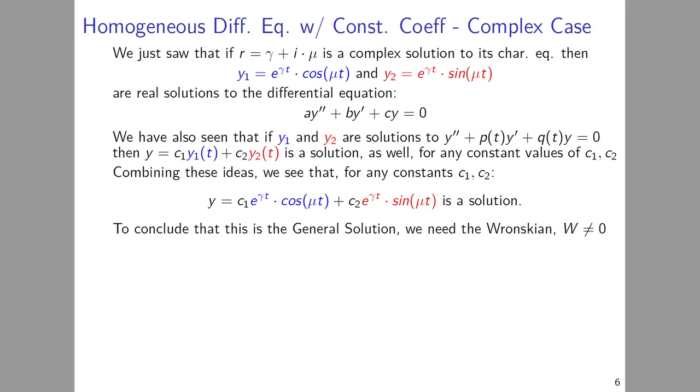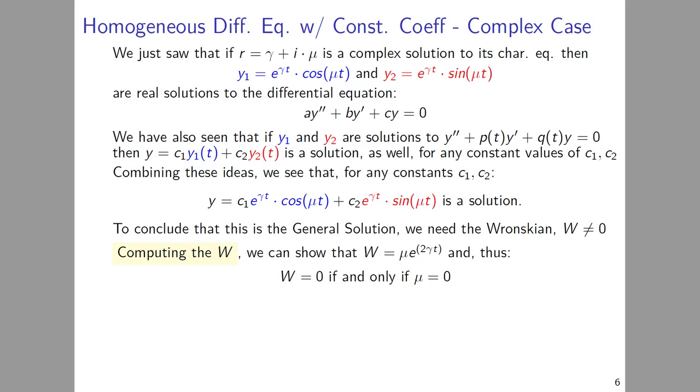And to conclude that this is the general solution, we need the Wronskian W to be non-zero. While we won't compute it here, if we compute the Wronskian W, we can show that W equals mu times e to the 2 gamma t. And since the exponential e to the 2 gamma t will never be 0, the only way for this product to be 0 is if mu equals 0.